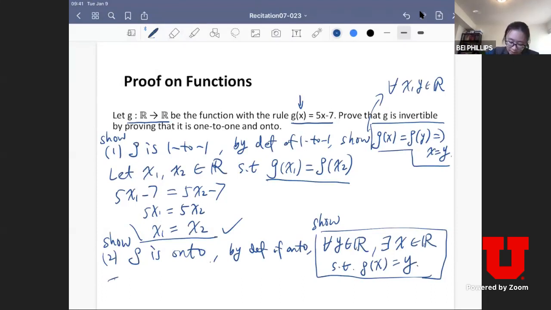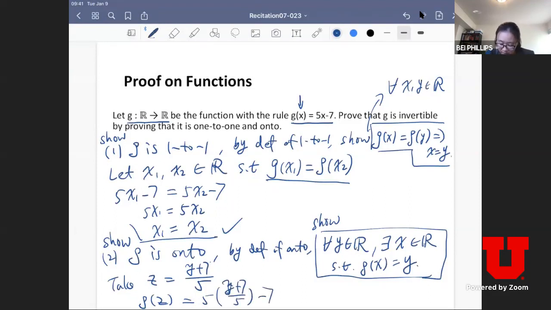So what we have is we can take a variable z, which is equal to (y plus 7) over 5. And we show that g of z is equal to 5 times z, which is 5 times (y plus 7) over 5, minus 7. By algebra, this is equal to y. So that means for all y, I have a corresponding z in the domain that maps to it.